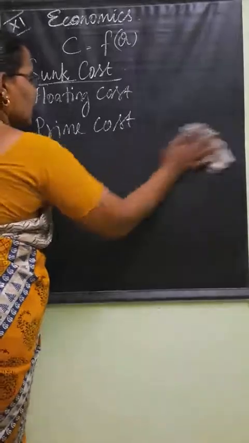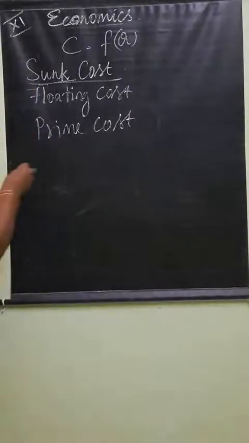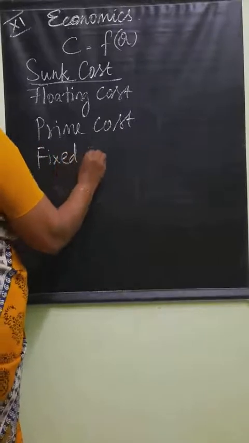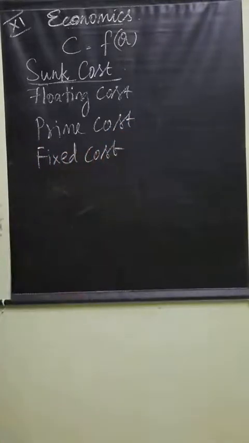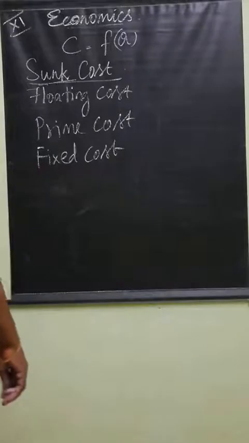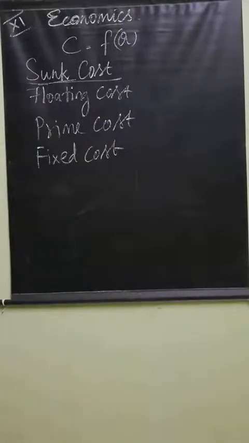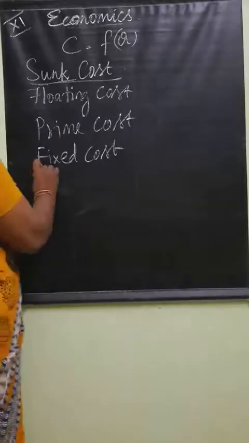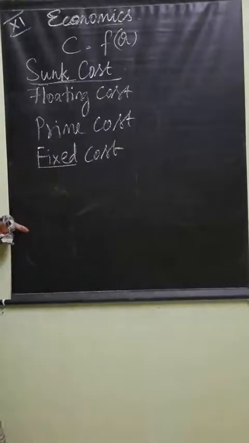And the next one is fixed cost. The word itself tells you it can't be changed. The cost does not change with the change in the quantity of output. Whatever the output, the cost will not change. For example, the rent for the building.